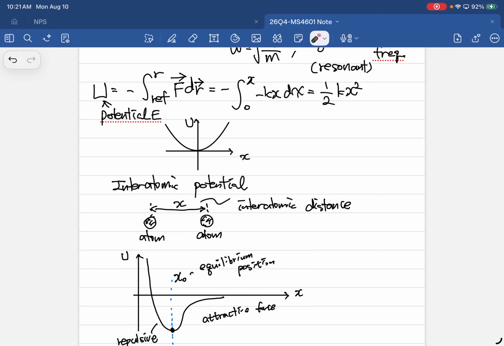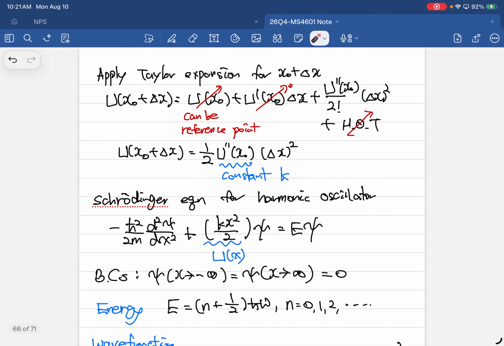Then we can apply the Taylor series. So U of x naught plus delta x, by definition of the Taylor series, is U of x naught plus U prime of x naught, the first derivative or slope, times delta x, and then the second derivative over 2 factorial times delta x squared, and higher order terms.